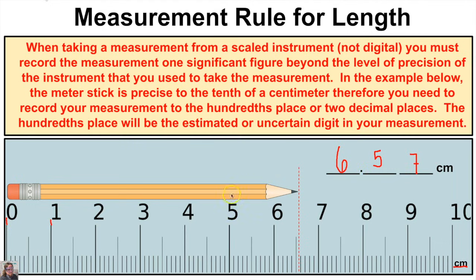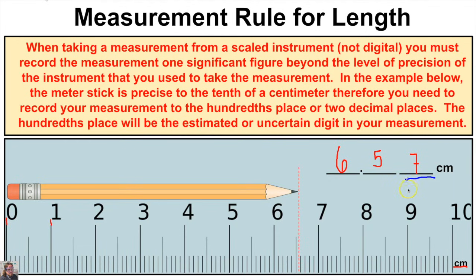So the length of this pencil is 6.57 centimeters, but understand the concept that when we take a measurement of length, we have to measure the object one significant figure past the level of precision.